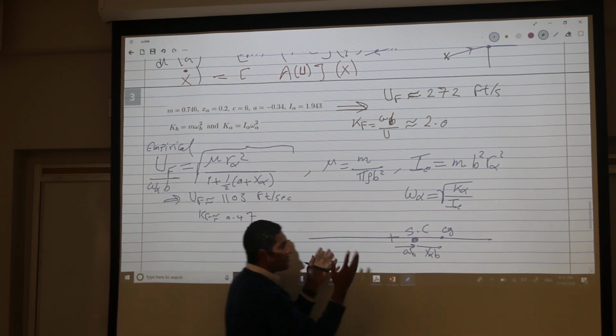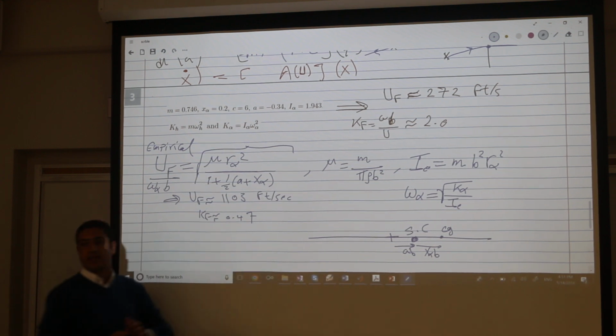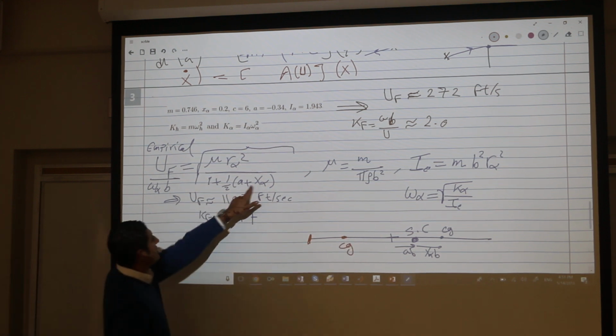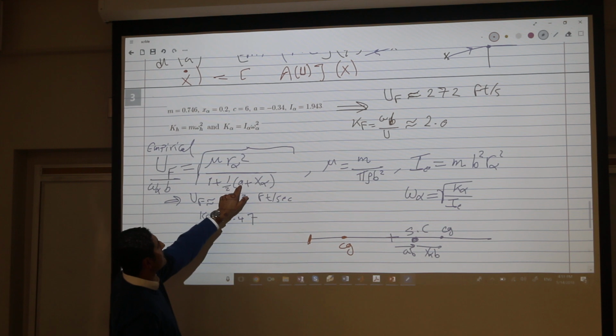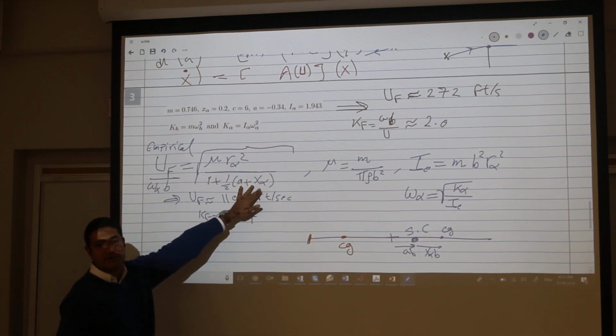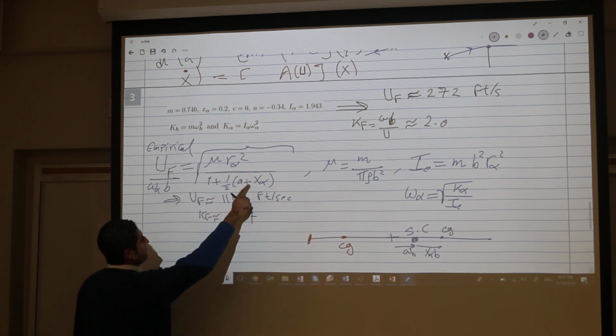And if we try to move the CG forward, even ahead of this, it will also be negative, okay? So if we put some lead in the leading edge, which is a very bad idea, but assume that we put some lead here so that the center of gravity moves here, we have x alpha negative, a negative, like a of negative 0.34, say x alpha of negative 0.15, or whatever.